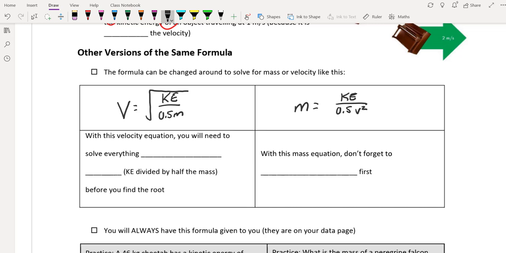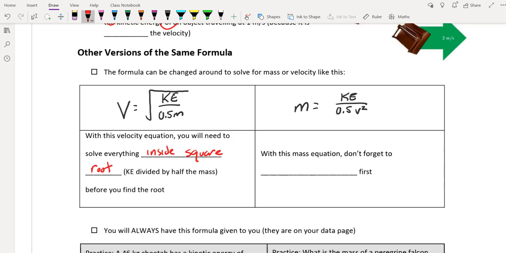Right? So in order to solve this equation for velocity, what we need to do is solve everything inside of the square root first. So you've got to do all the operations inside the square root, then you take the root.